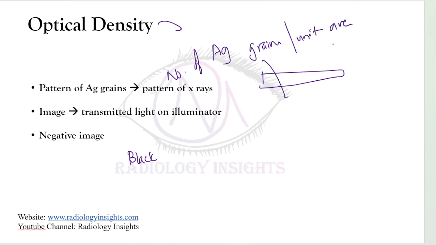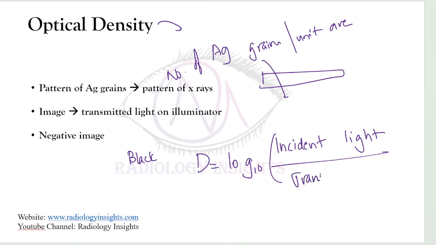The optical density is defined as the log base 10 of the incident light divided by the transmitted light. This log value is used because the eye responds logarithmically to the brightness of light.